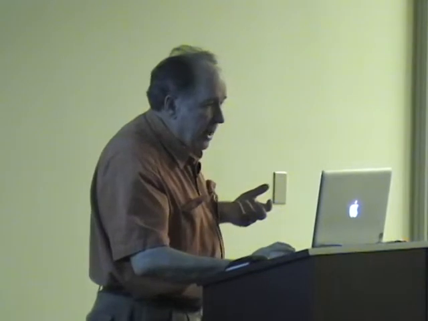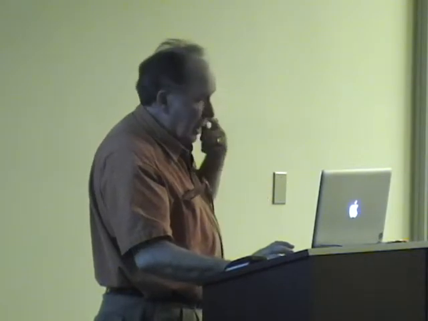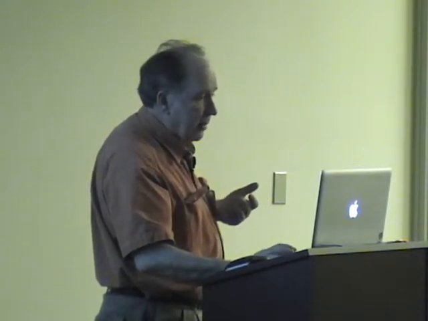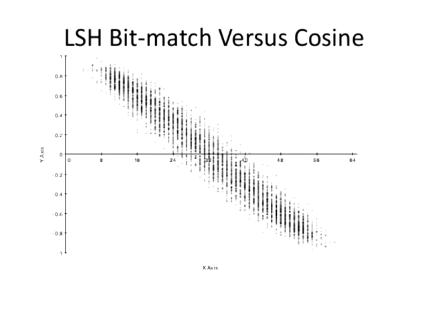Now, we want a distance. And when we say point the same direction, we're talking about a dot product. But distance and dot product are closely related here, especially if these are unit vectors. And so we can estimate this cosine theta, which is the key term in this distance, using this XOR. And here's how well we can do it with 64 bits.